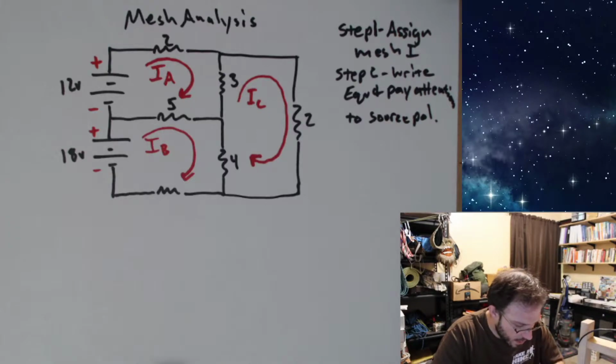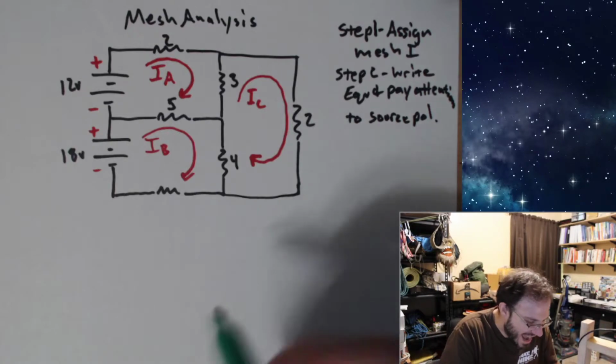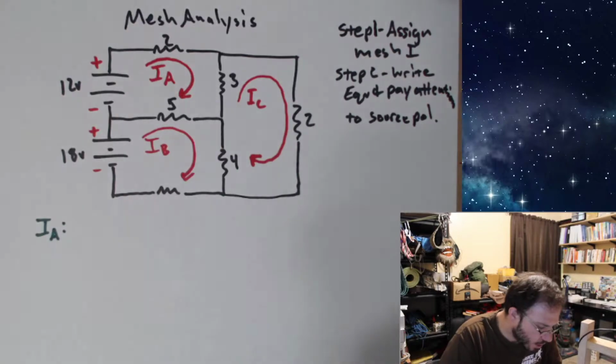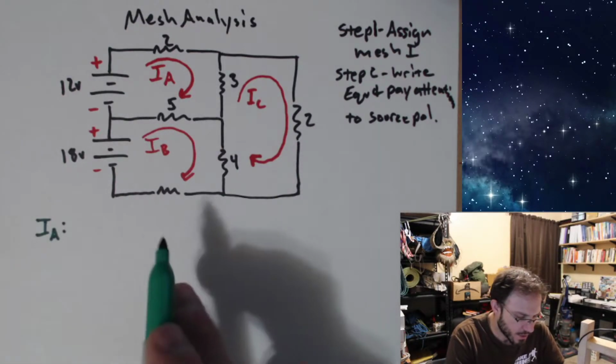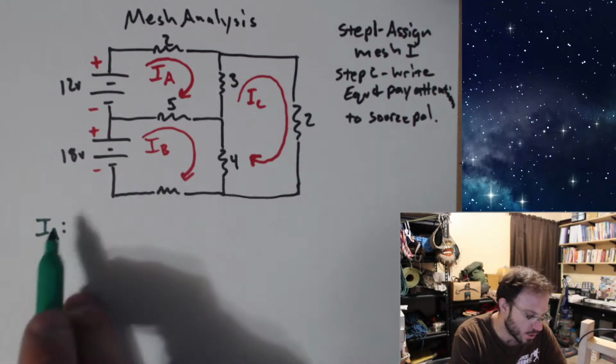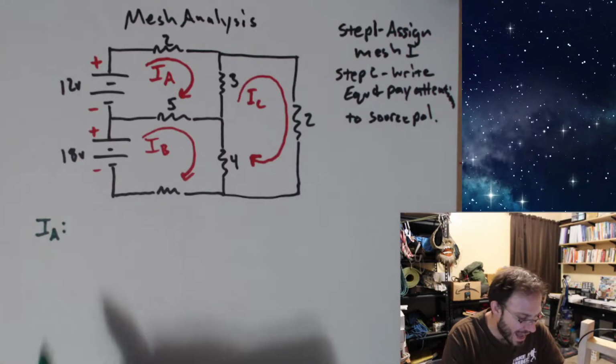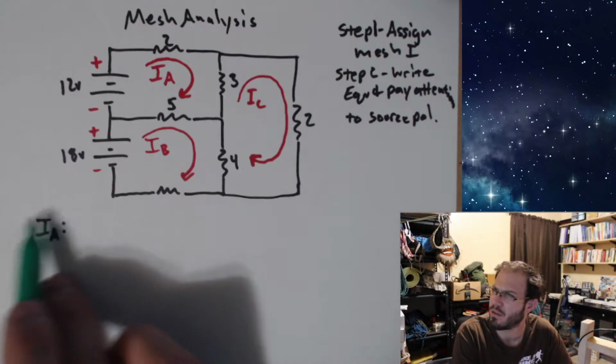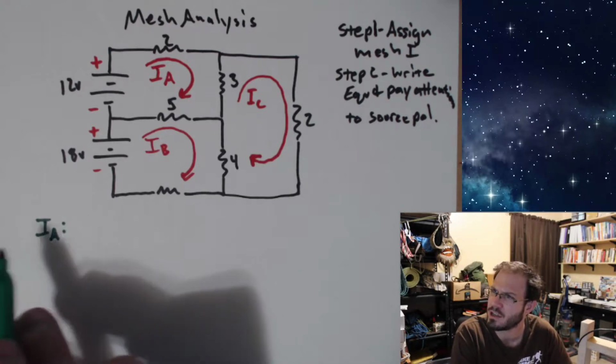We'll start with the first equation for our IA loop. I'll just denote that with a semicolon here so that I know this equation refers to the mesh current IA. I have seen mistakes in exams in the past where somehow this ends up being part of the equation. This is not.